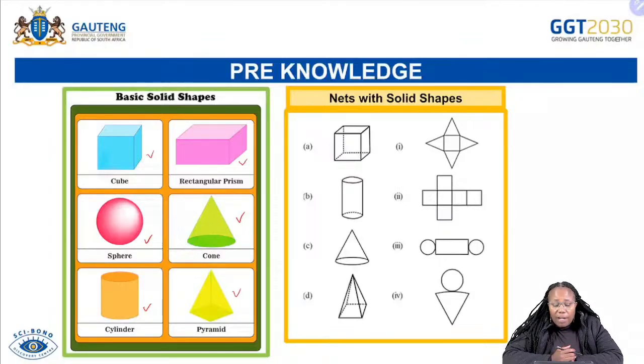And then now we have the net diagrams for our solid shapes. The first one, as you can see, can represent your cube or your rectangular prism, because it is not indicated whether it's a cube or a rectangular prism, as it is in the shape of a box.